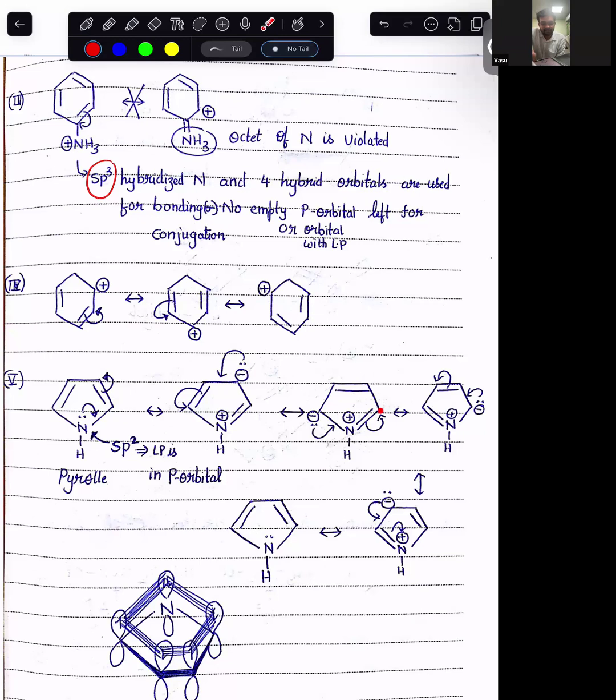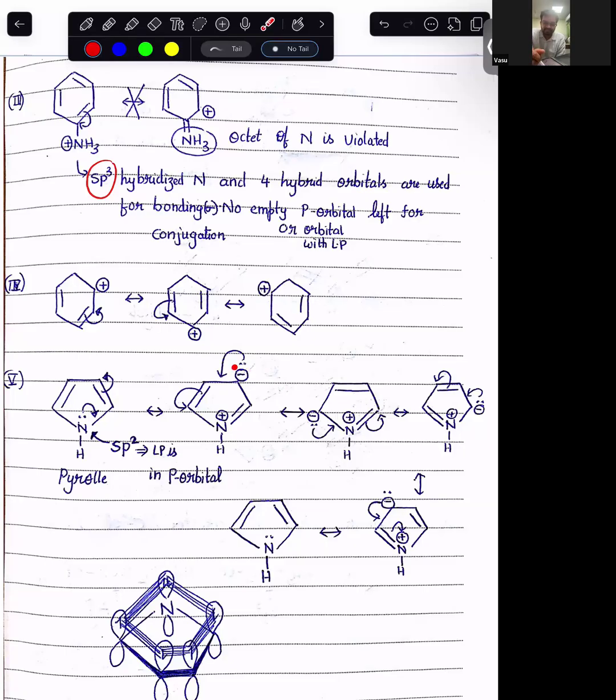Once the negative charge is borne by this, and the other negative charge is taken care of by this, you are actually distributing the negative charge on two different carbon atoms. In all the resonating structures you see, the negative charge is getting distributed on all of the carbon atoms.